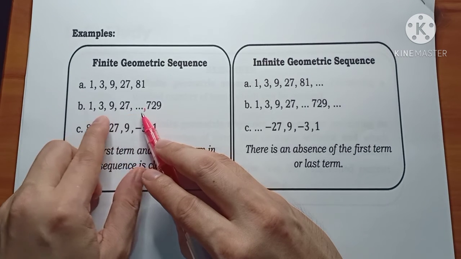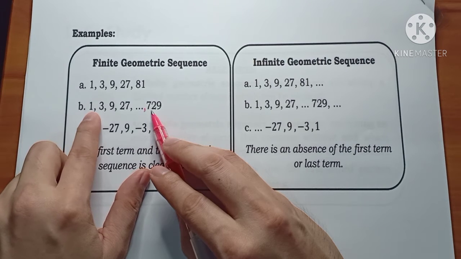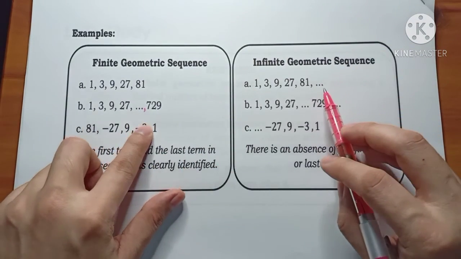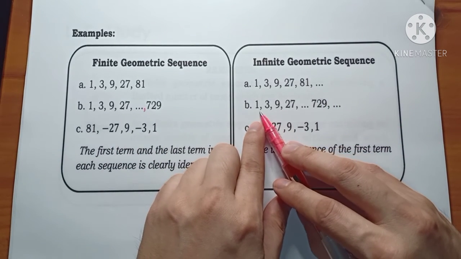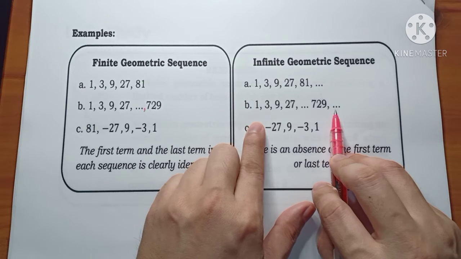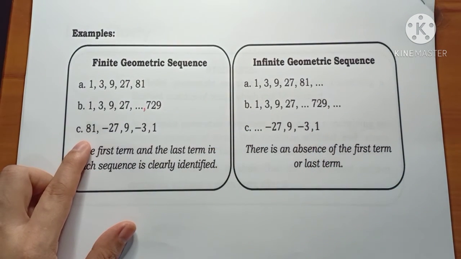So now, meron siyang start, meron din siyang katapusan. So that is a finite geometric sequence. Dito naman sa ating infinite geometric sequence, meron siyang start, pero wala siyang katapusan. So, yun ang infinite geometric sequence. Yun ang kaibahan niya. How about letter C?